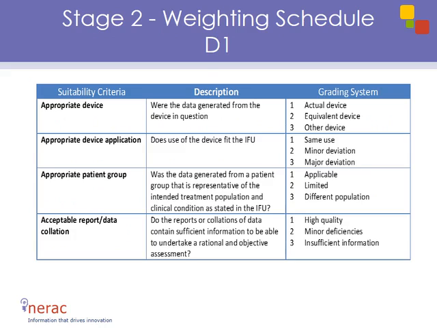This weighting schedule is taken directly from the MedDev 2.7.1 Rev 3. It addresses the device, the intended application, the intended patient population, and the data. For a device, it's important to identify if the device being evaluated is the specific device or competitive equivalent, or if it's a different device altogether.